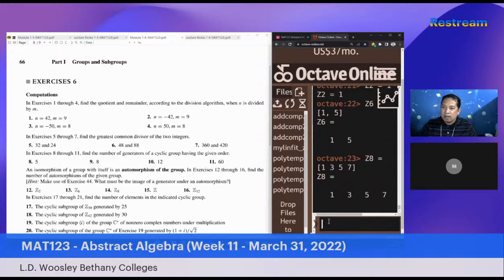Tinatanong dyan yung automorphism. We have 1 for Z sub 2. We have 2 for Z sub 6. For Z sub 8, we have 4. And then for Z, we have 2, 1 and -1. And then for Z sub 12, it's 4. 4 din siya, no?